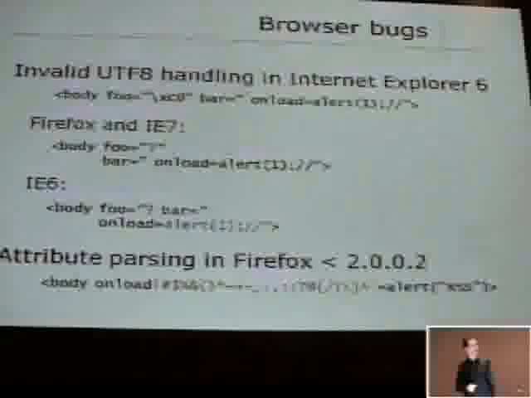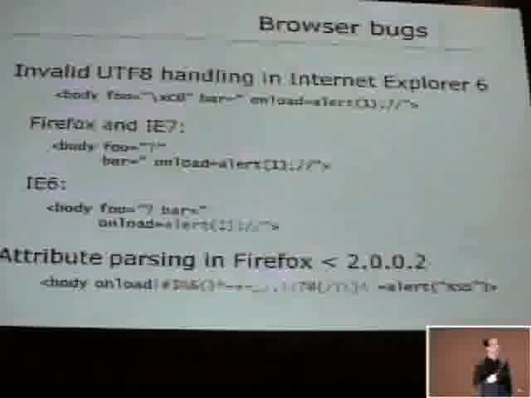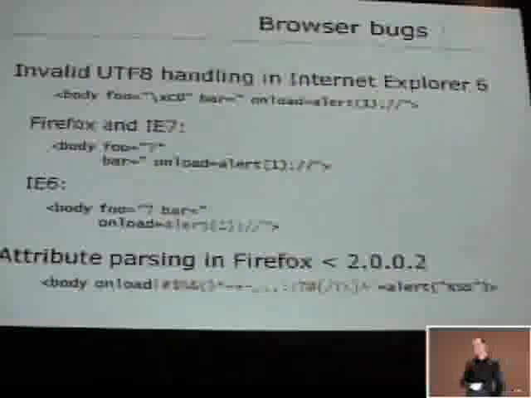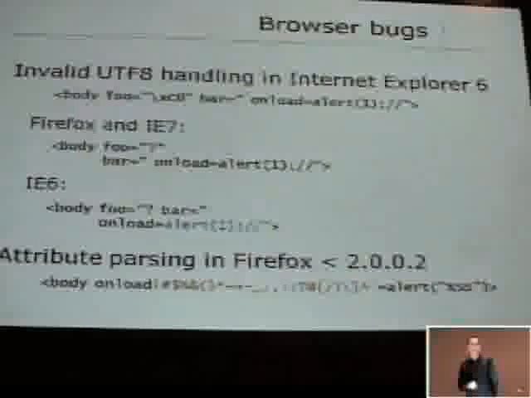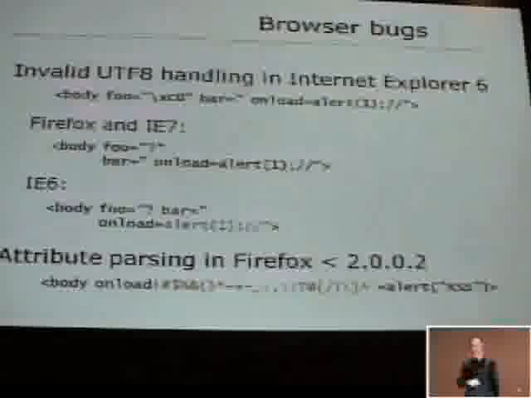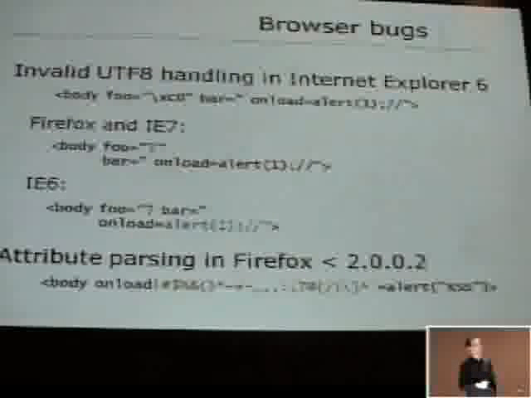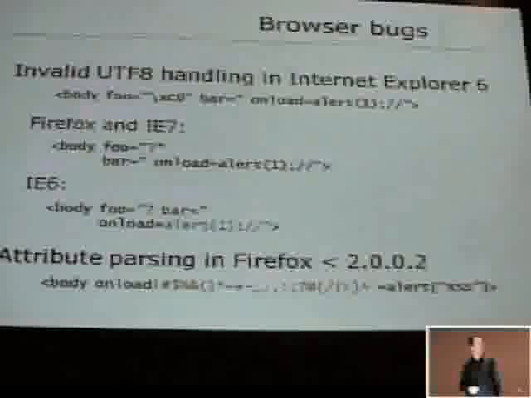So when Firefox and IE7 interpret this HTML, they reach the C0 byte, and they say, oh, this is an invalid character, and they replace it with a question mark. Basically, if you do view source in Firefox on this HTML, you'll see a question mark where that character used to be. They replace the first byte with a question mark, and then they continue. So they will interpret this element as having two attributes, foo and bar, shown on the slide there.